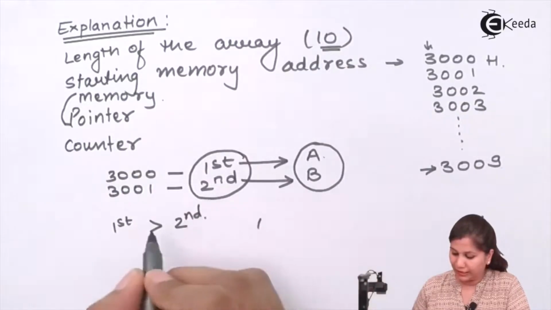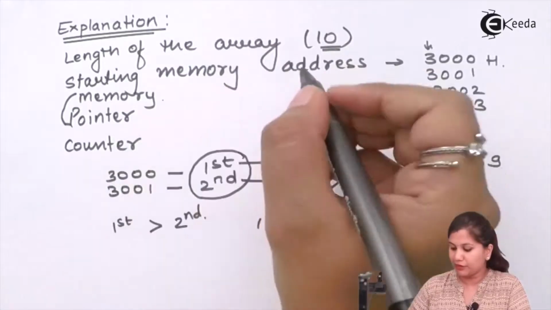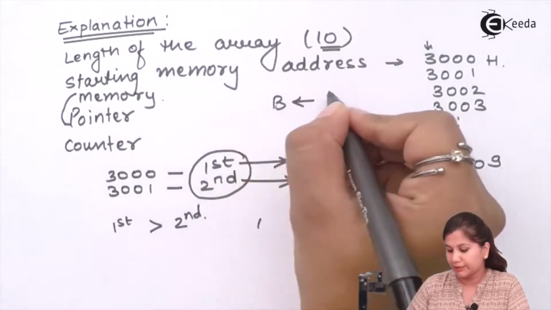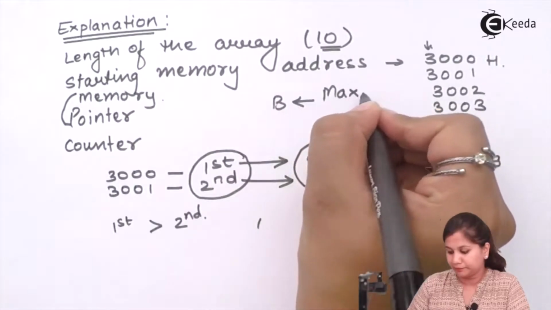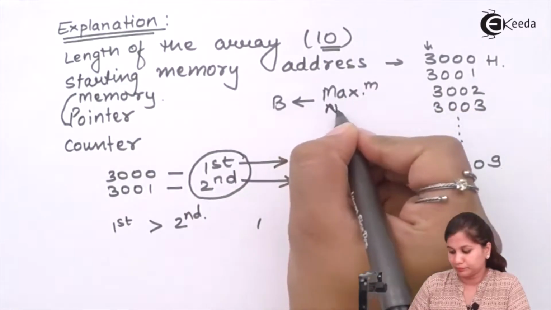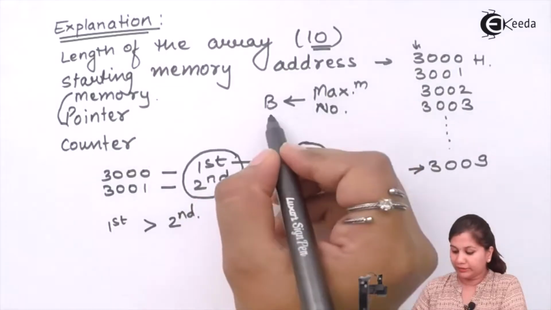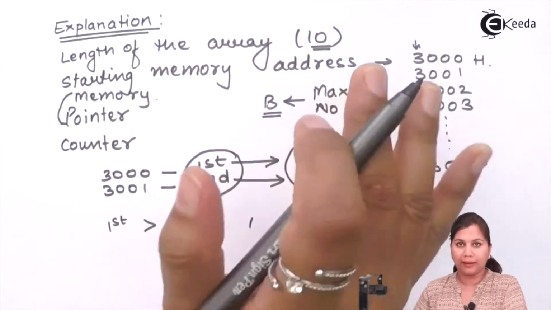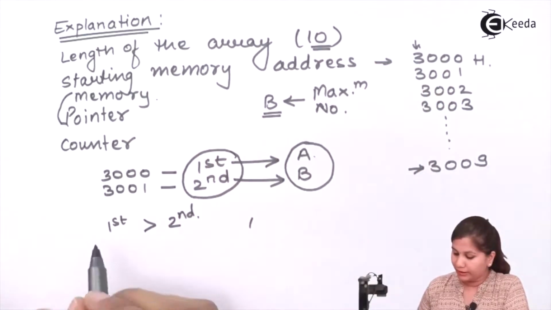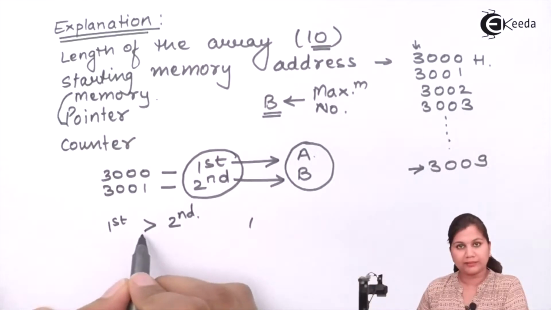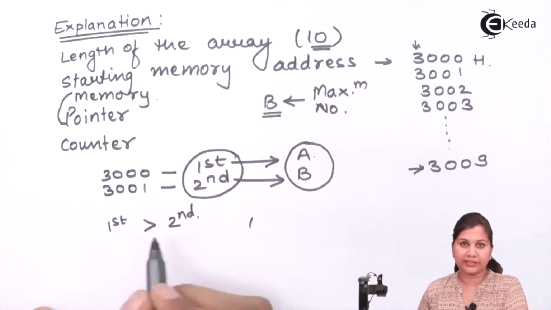We always want our maximum number to be in register B. Now, in register A we have the maximum number, since the first number is greater than the second.